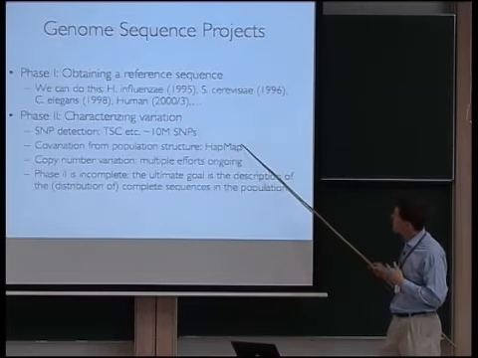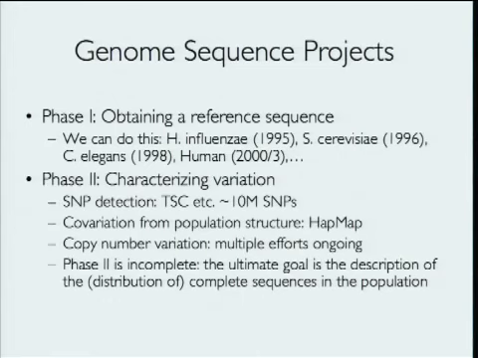And the HapMap project, which finished 2 or 3 years ago, began to look at this covariation. But that was only over a sample of a couple of hundred people, essentially 60 Europeans, 60 Africans, and 90 Asians. So it's a relatively small sample, and also it looked at only a fraction of these variants, about 3 million in the end.